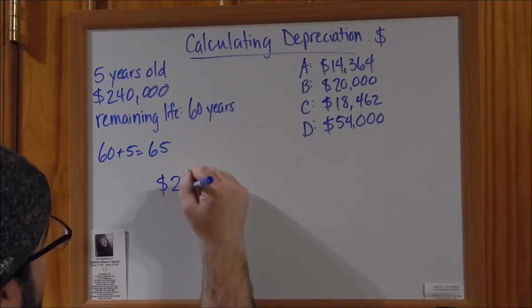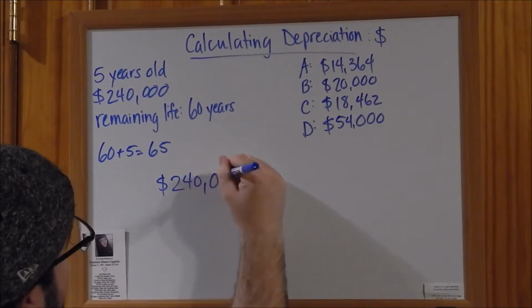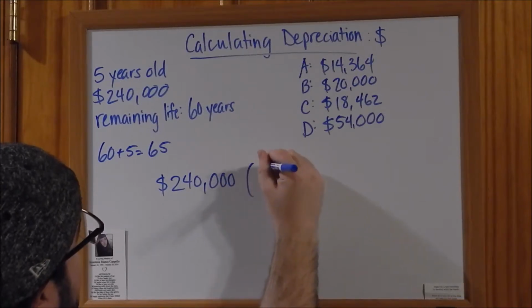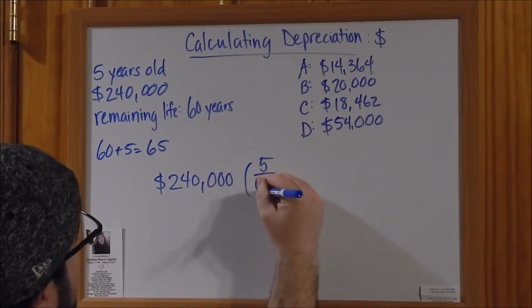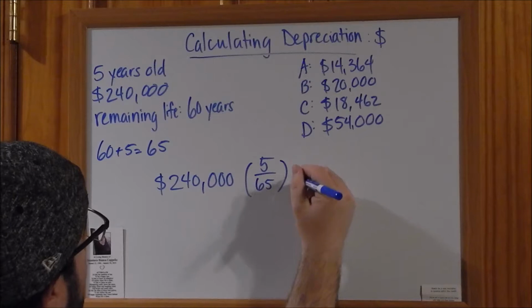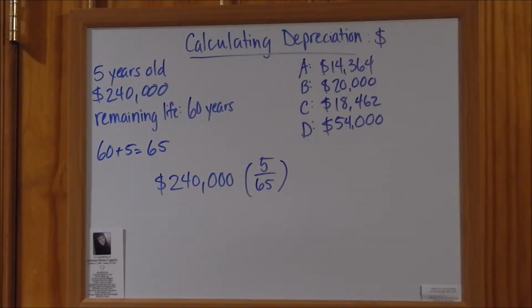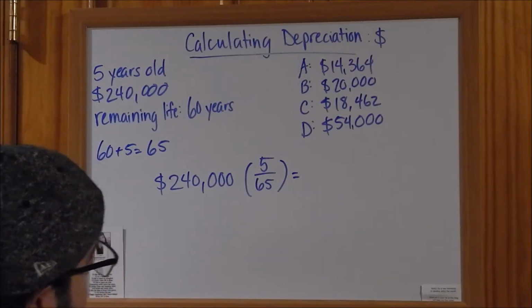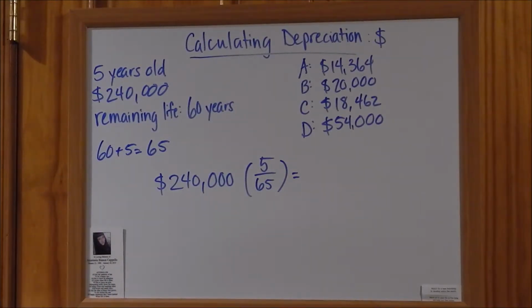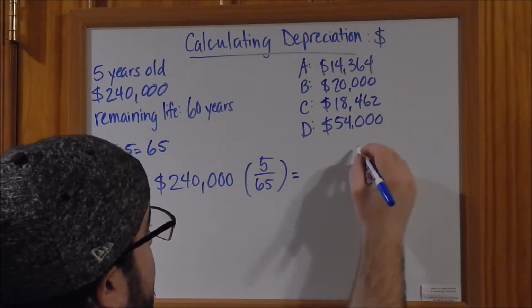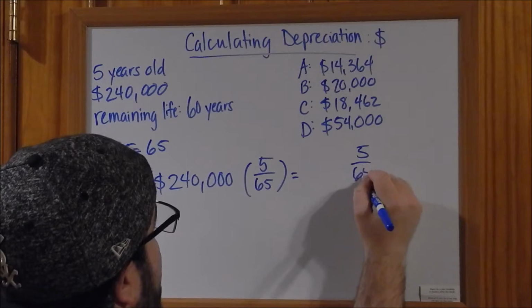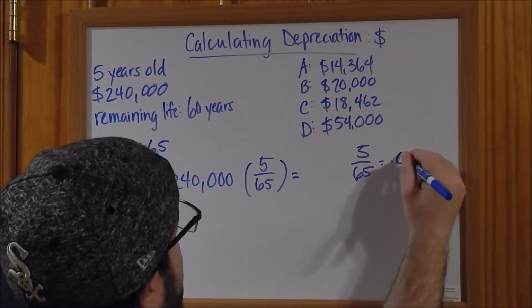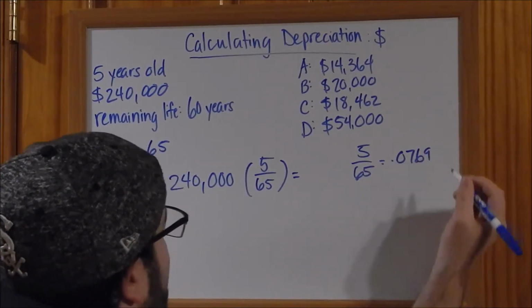So to calculate the total depreciation for this property, we multiply 240,000 times 5 over 65, which is our depreciation factor, to get our total. Depending on the calculator you use, you might want to calculate this number first. 5 over 65 gives you something like 0.0769.